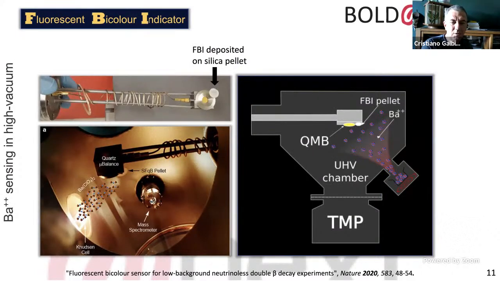Some beautiful R&D has been done by depositing this fluorescent bicolor indicator on a silica pellet, and by using some atomic techniques with individual barium ions to demonstrate that you actually do have this ability of really distinguishing black or white, the presence of barium or not, by detecting the frequency of the light that is emitted by this molecule when it's excited by a 365 nanometer laser.